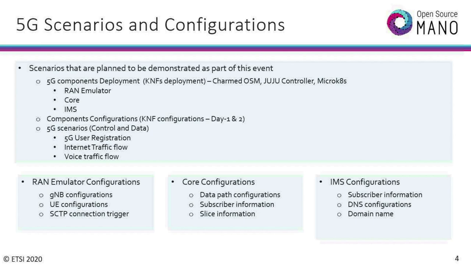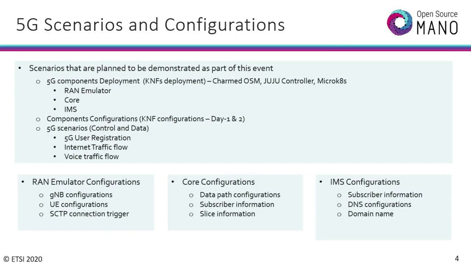Then the UE configurations, especially the IMSI number and other details like security parameters, OPc, all need to be configured, and that is also done through this platform. And finally the SCTP trigger, to connect with the core for the NGAP messages. So these are all the configuration parameters for the RAN emulator.